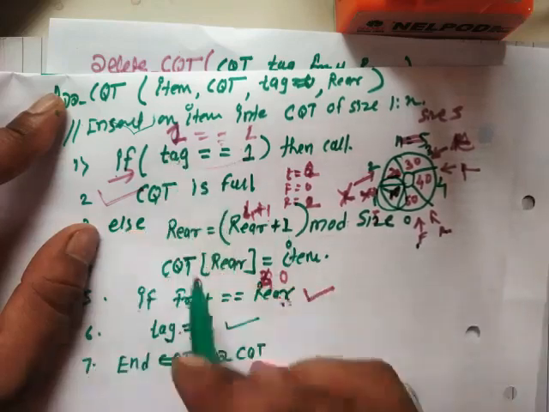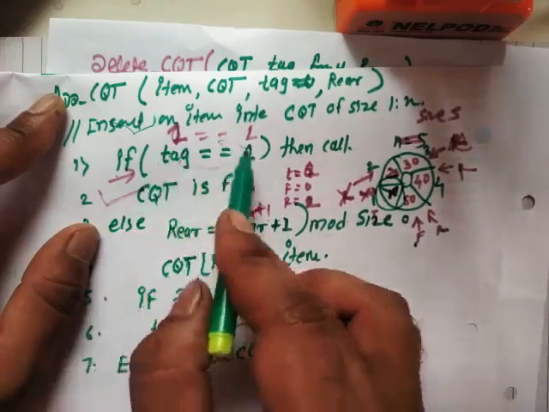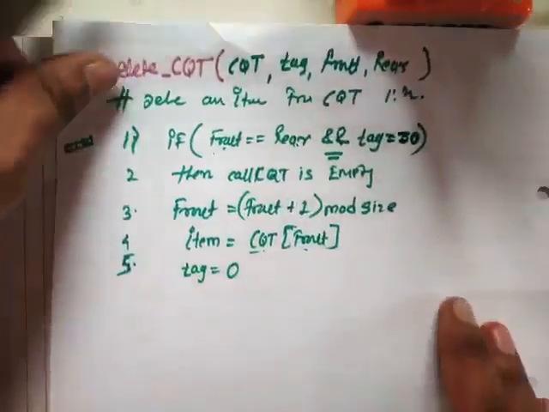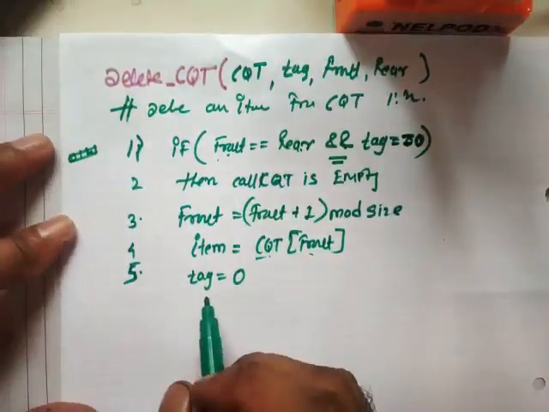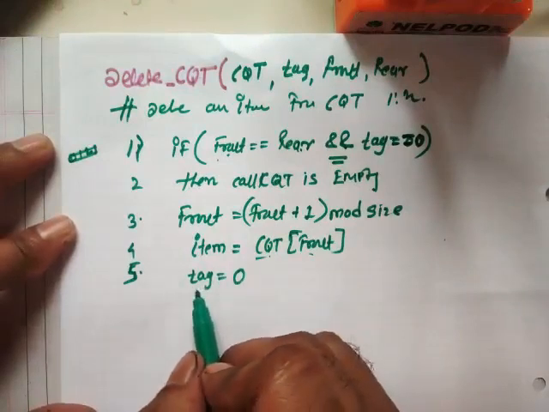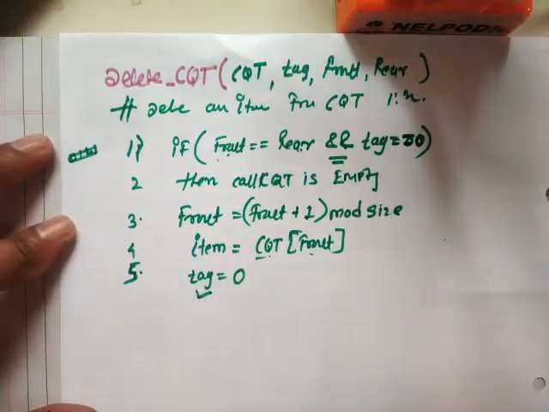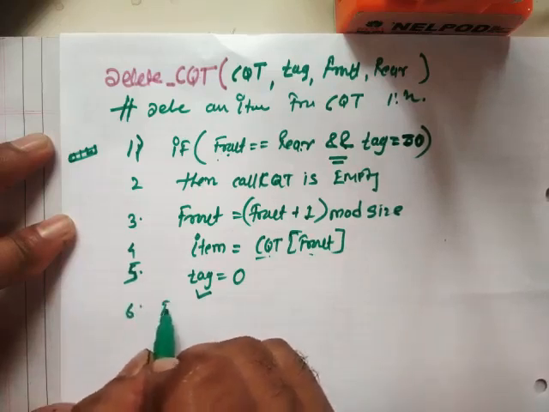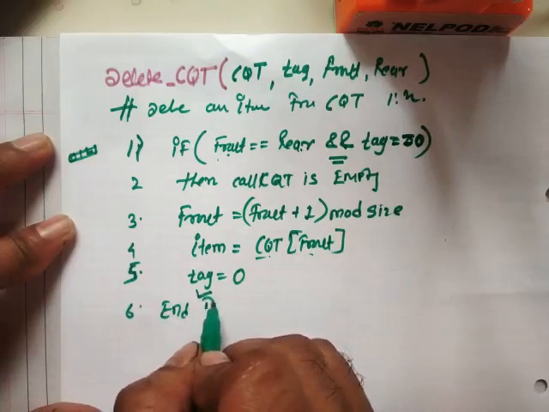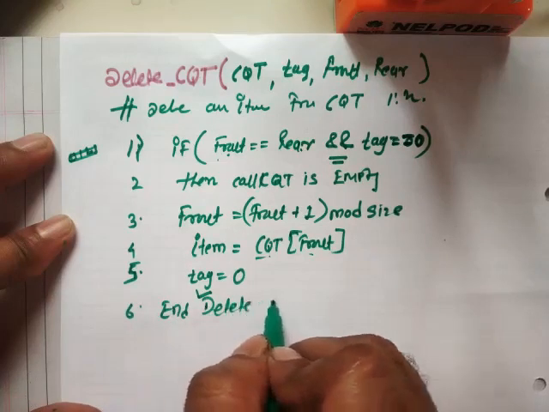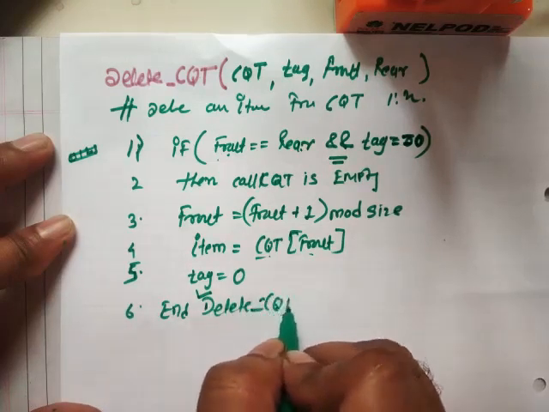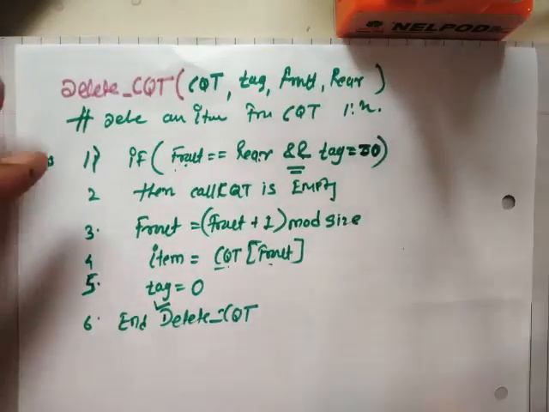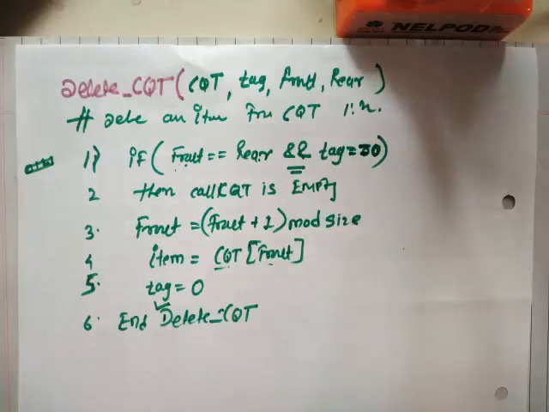But if you do not change the tag value to 0, we cannot insert that value. That is why whenever you remove an element from circular queue with tag, we need to set the tag value equal to 0. And the last line is end of delete CQT algorithm.